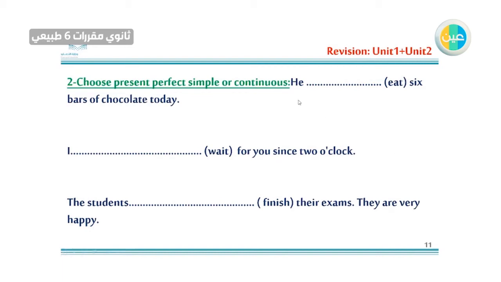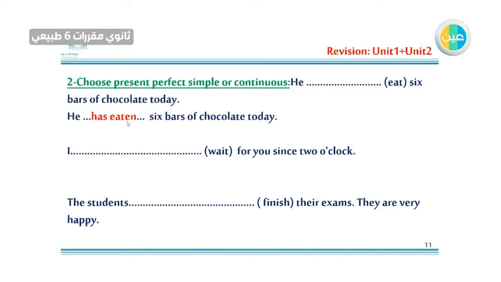He eat 6 bars of chocolate today. Okay, quantity, result. So present perfect, simple. He has eaten. He has eaten: the subject, then the verb in the third conjugation or past participle.